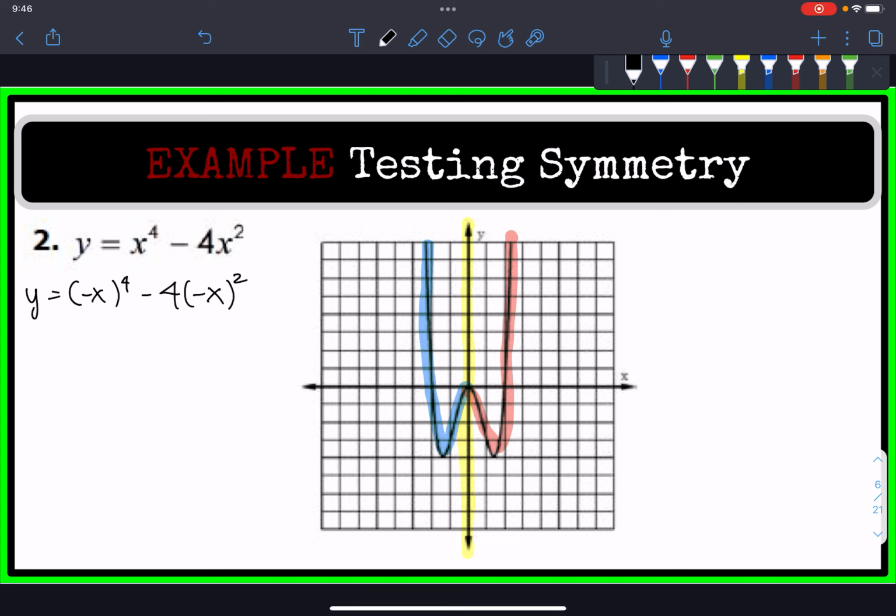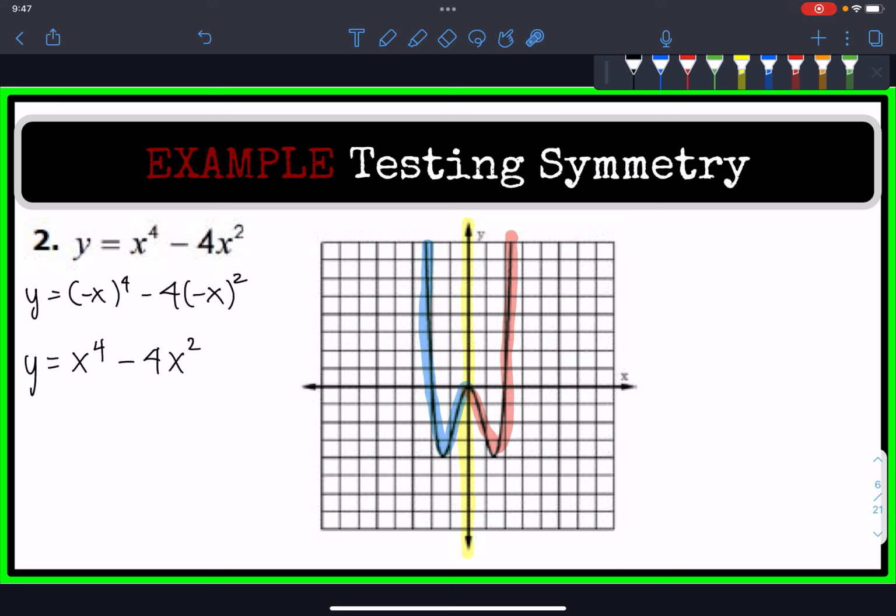So notice that an even factor of negatives, this negative raised to the 4th power, is going to give me an even factor of negatives, making that positive x to the 4th power minus 4. And the same thing is true here. Having negative x to the second, an even number of negative factors, is going to give me a positive x to the 2nd power.